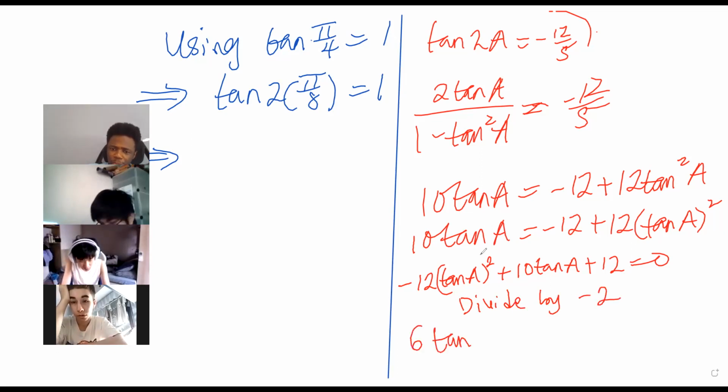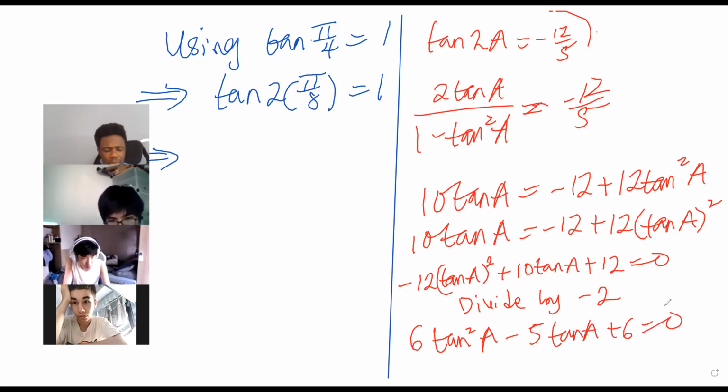I still don't see the point in having this bracket. So it should be. So are you saying you can't factorize? Oh, I was saying it should be negative 6. Negative 6. Oh yeah, the last one.